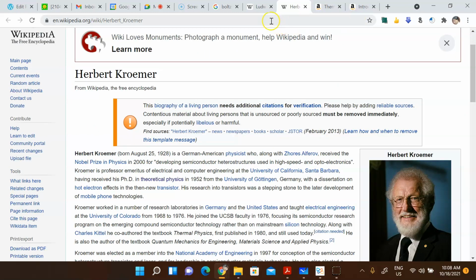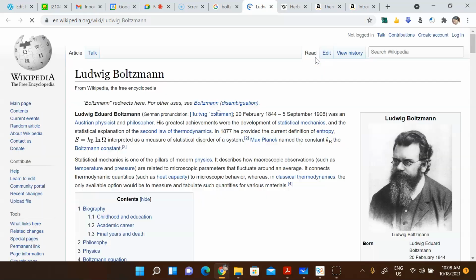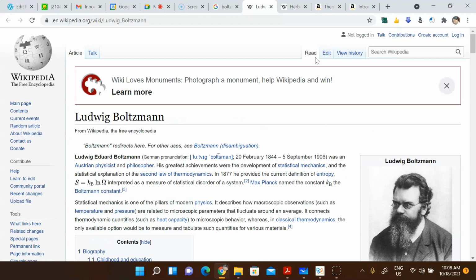Read up some history. The main father of statistical mechanics is Boltzmann. You probably have heard about the Boltzmann constant before, but Boltzmann is the one who drove statistical mechanics to a much more modern framework beyond thermodynamics.